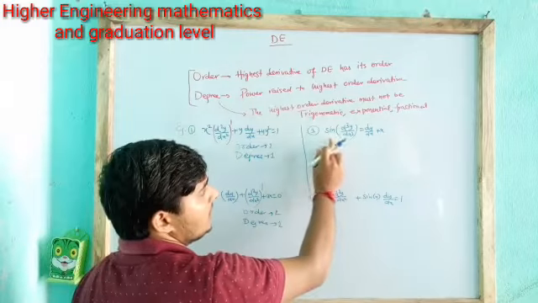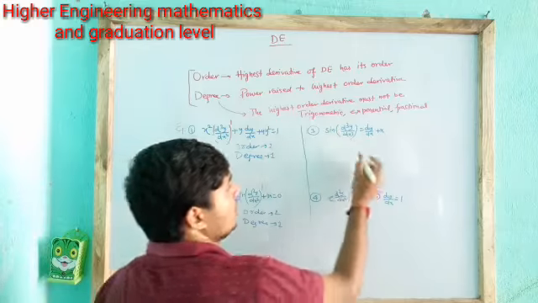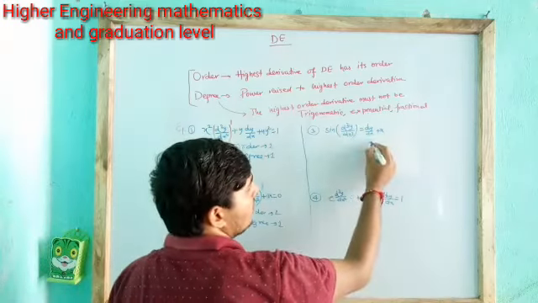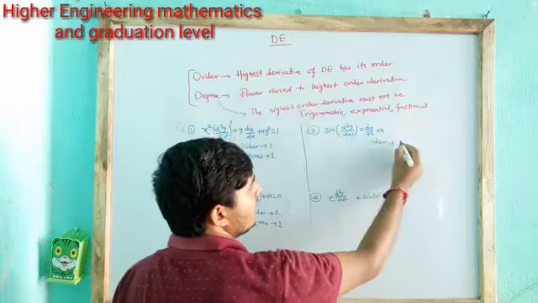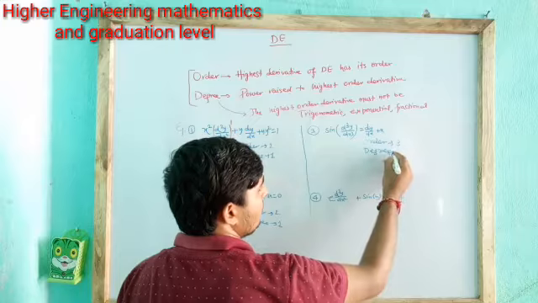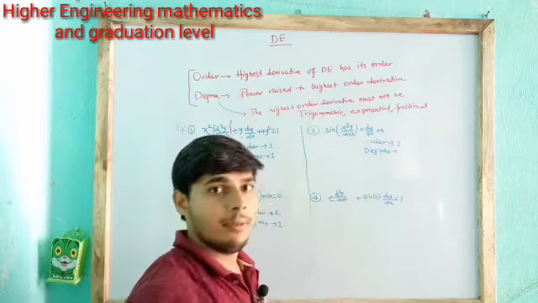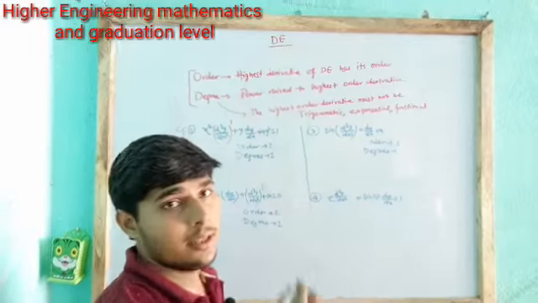You can see here in this question, sin d3y by dx cube is in a sine function. So order has no restriction. We can say that the highest derivative is d3y by dx cube, so its order is 3, but its degree is not defined.